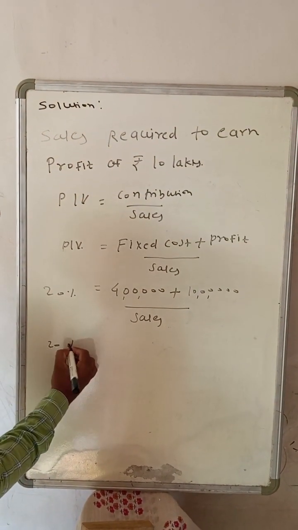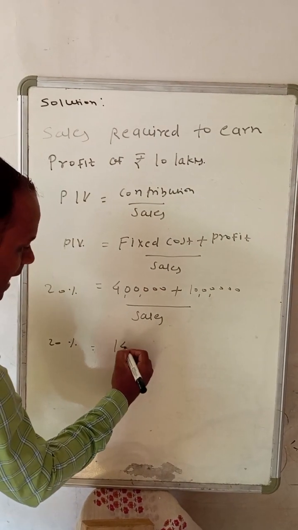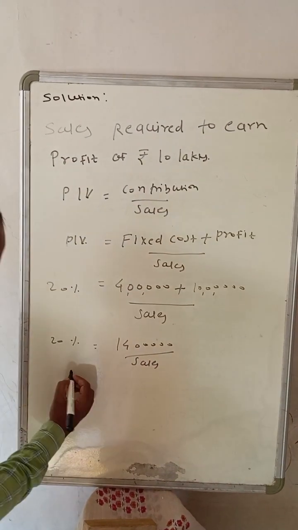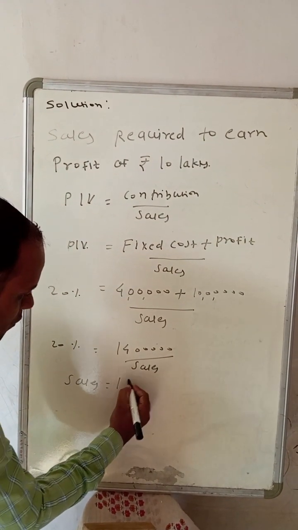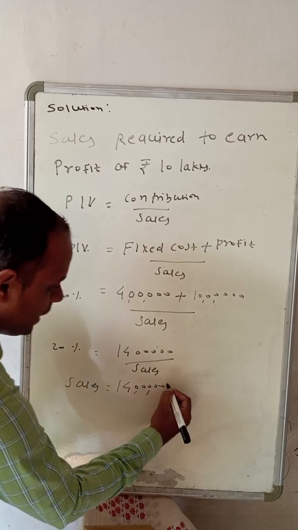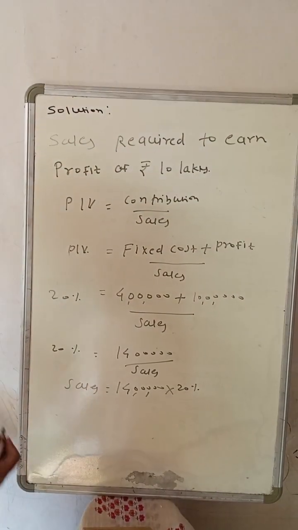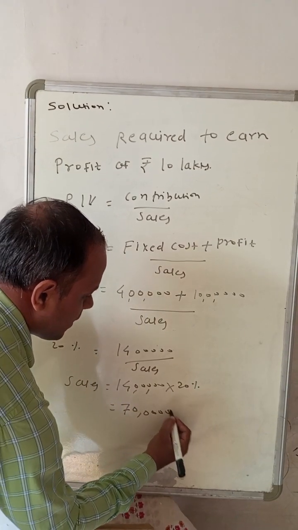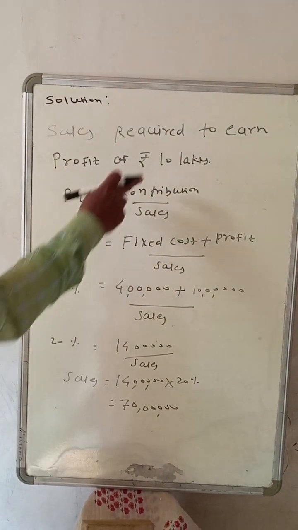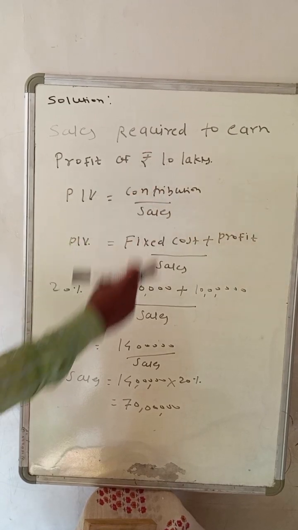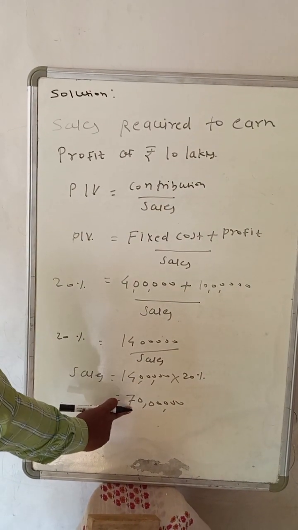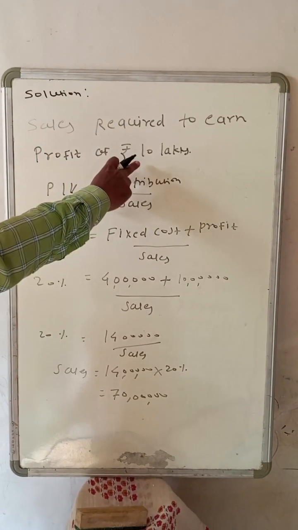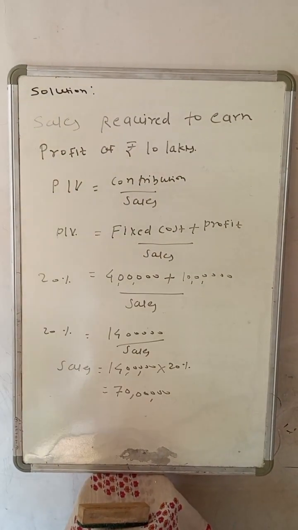So sales is equal to 14 lakh divided by 20%. So it is 70 lakh. If the company wants to earn the profit of rupees 10 lakh, they should achieve the sales figure of rupees 70 lakh. If they sell the product of rupees 70 lakh, then they earn the profit of rupees 10 lakh.